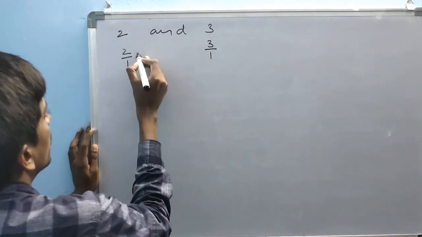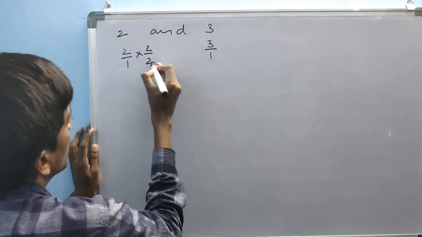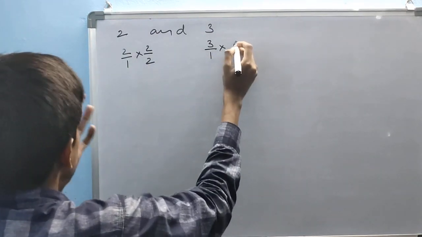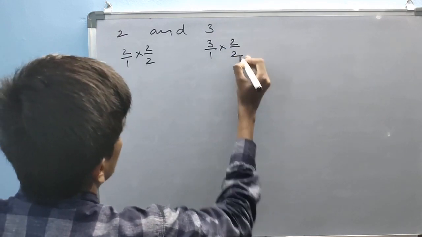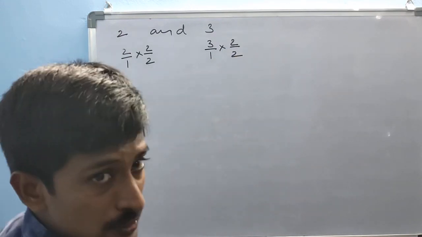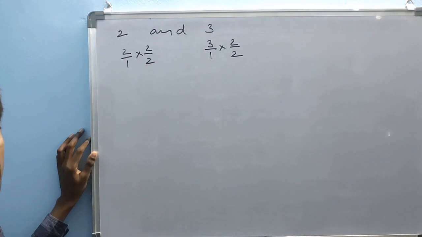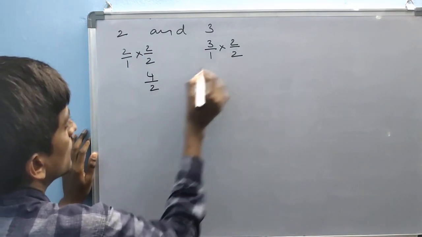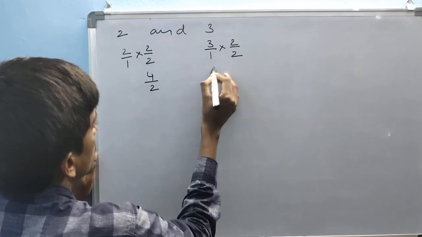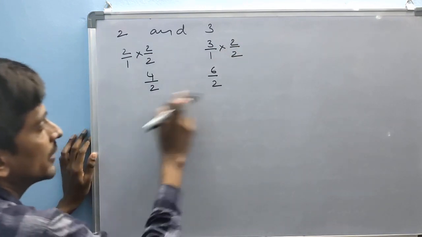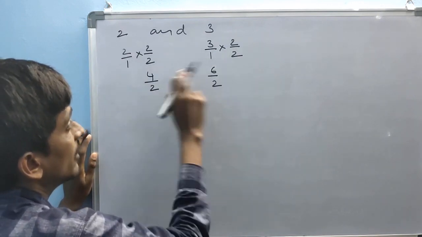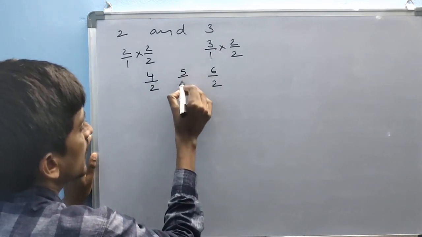For example, if you multiply both numerator and denominator by 2 by 2, 2 twos are 4 by 2, 3 twos are 6 by 2. So the denominators are equal, like fractions. Numerators 4 and 6, what is between? 5 by 2.